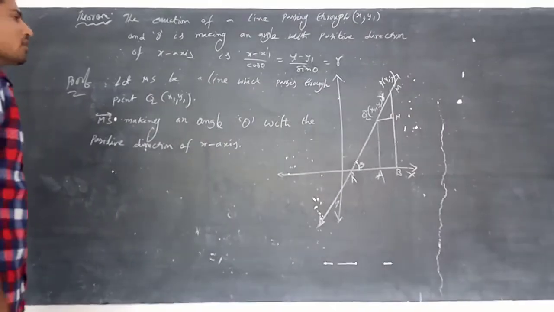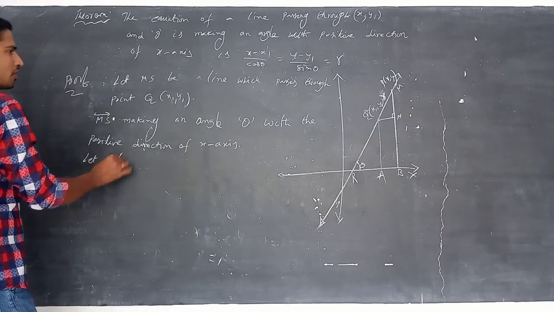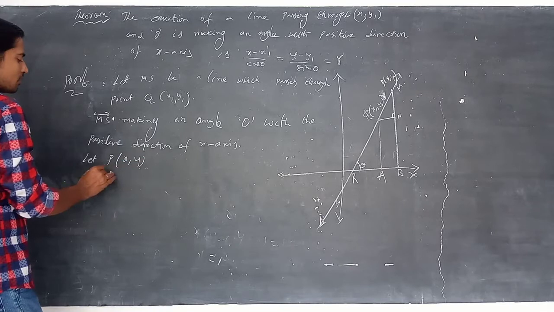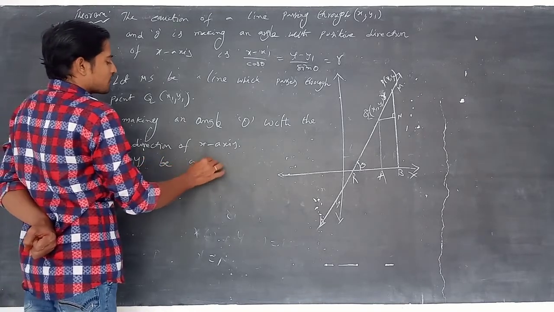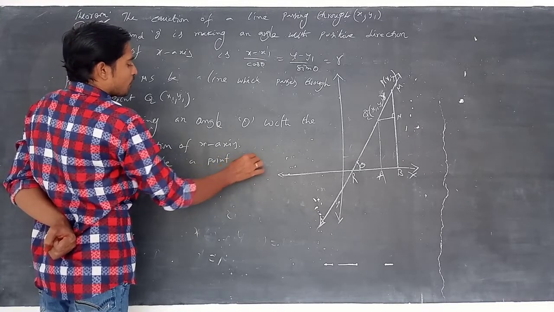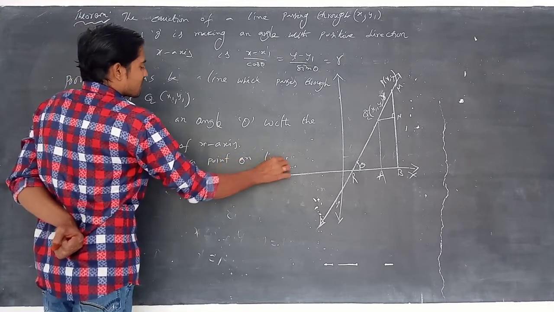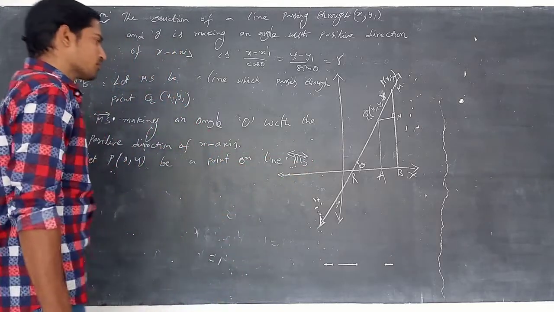And take any other point. Let P x comma y be a point on the line MS. Right?